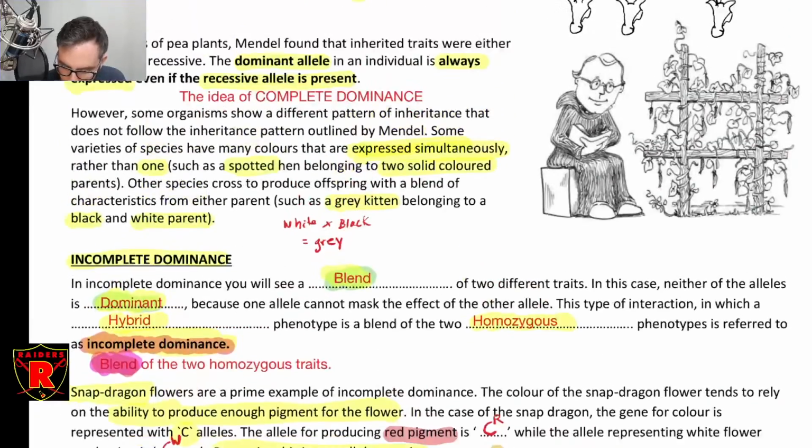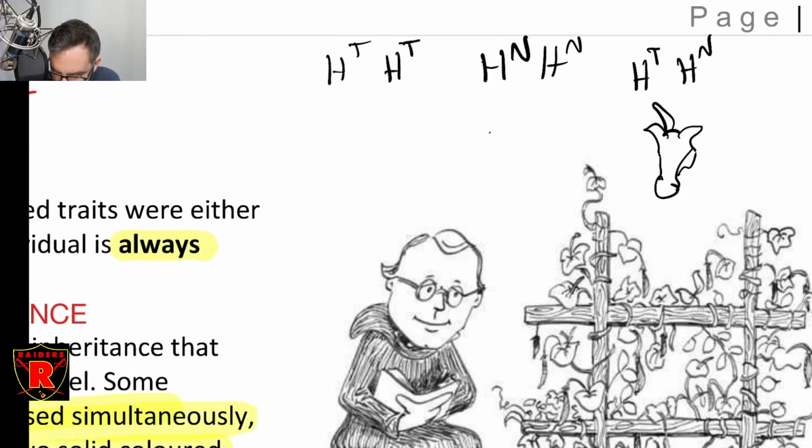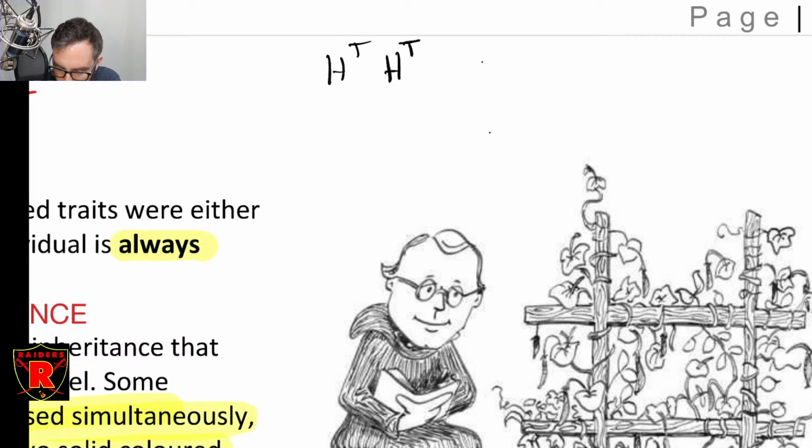Okay, I'm going to give you another example. By the way, this is not a real trait. The Snapdragon one is good because it's actually real. But let's say that horns on a goat were incompletely dominant.